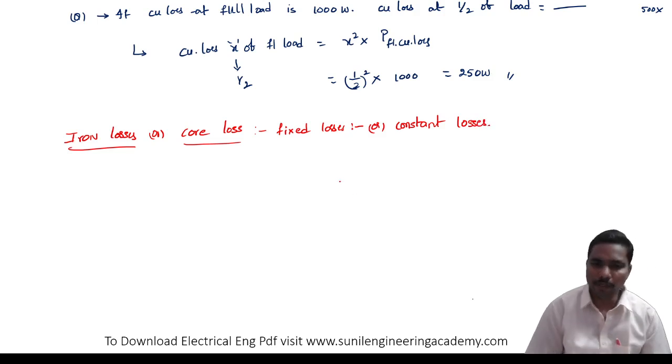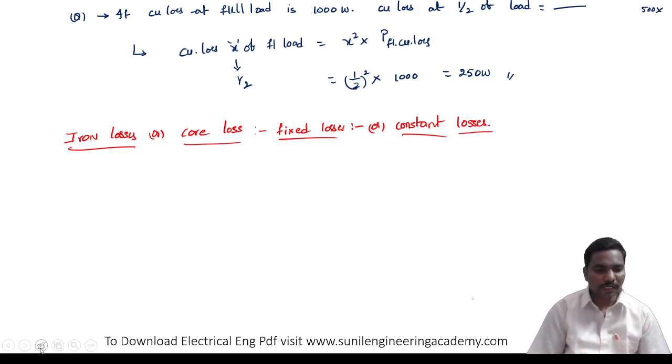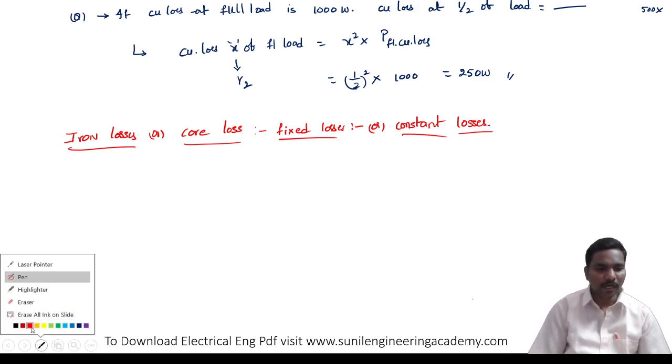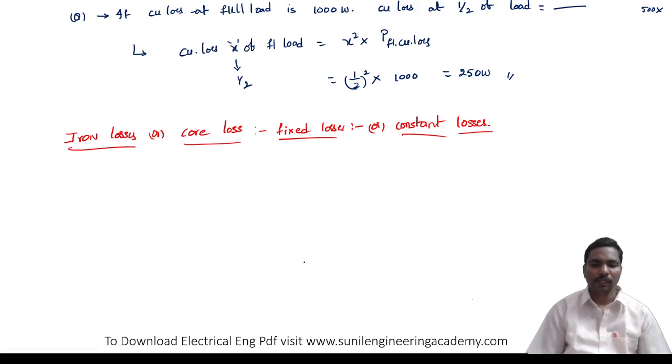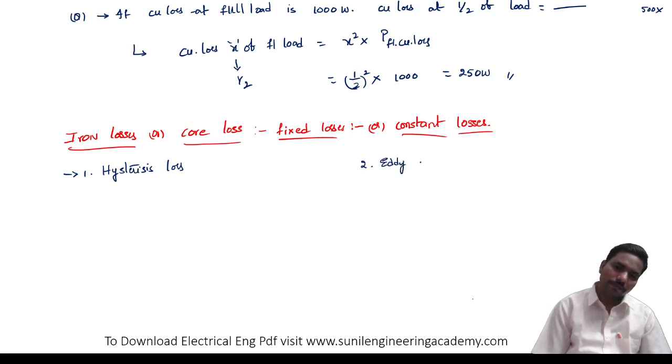Copper losses are variable losses, but iron losses are considered constant losses. Why? Because they do not depend upon the load. These iron losses, we know very well, are hysteresis loss and eddy current loss.